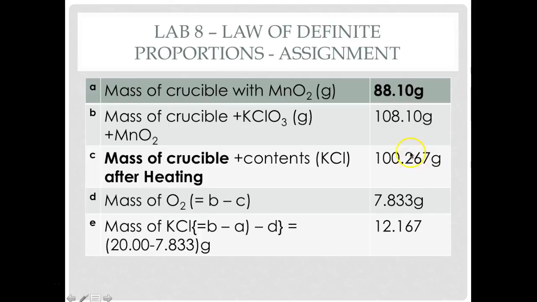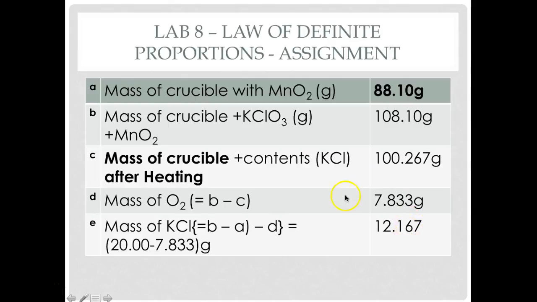Now, if I subtract this number from this number, I get the mass of the oxygen that escaped out. So that's 7.833 grams. Okay. What's the mass of the KCl? It would be the 20 grams of KClO3 minus the mass of the oxygen, and that would give me the mass of KCl.